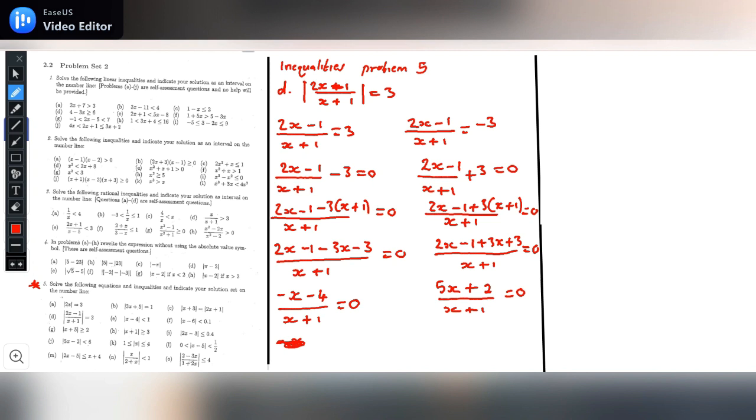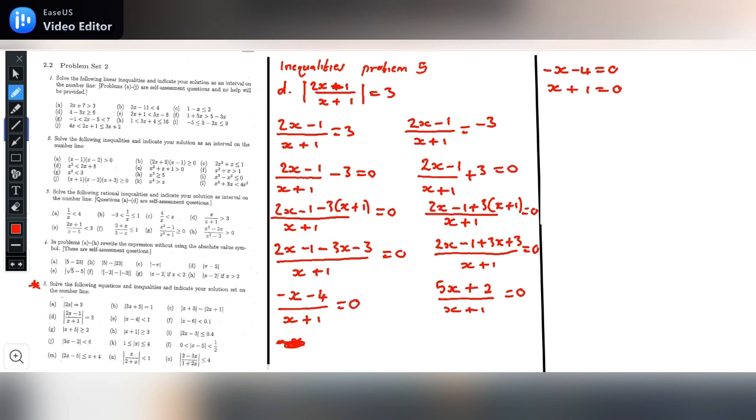After arriving here, what we usually do after equating everything to 0, guys, is say minus x minus 4 for the numerator, you equate it to 0, and also x plus 1, you equate it to 0, right?